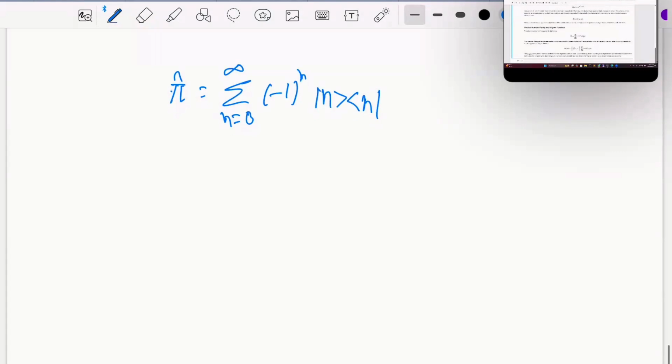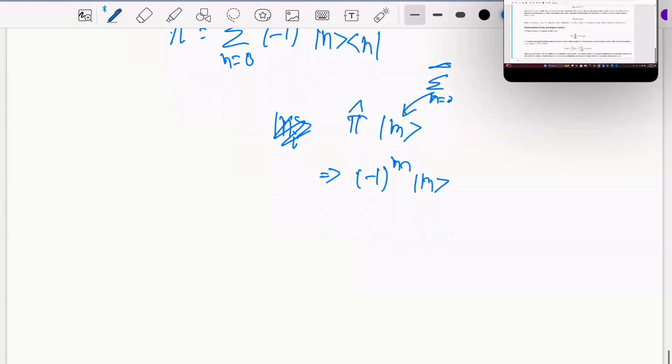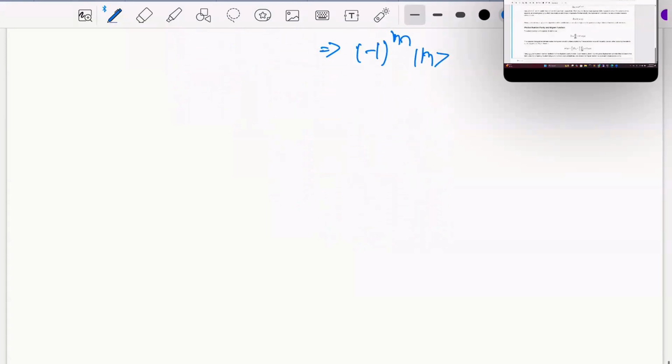If we have some number state, let's say an m state, and we apply the parity operator on it, it will yield minus 1 to the power m times the m state. Since the sum is over n equal to 0 to infinity, it will also include this m state in its summation. So this is the parity operator, which is going to be an important thing going forward.